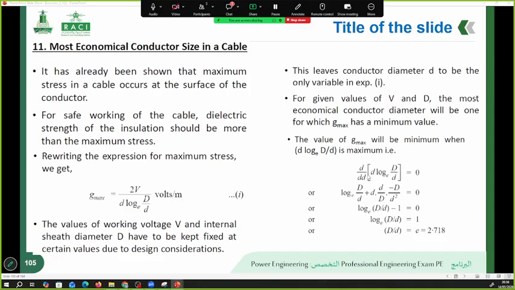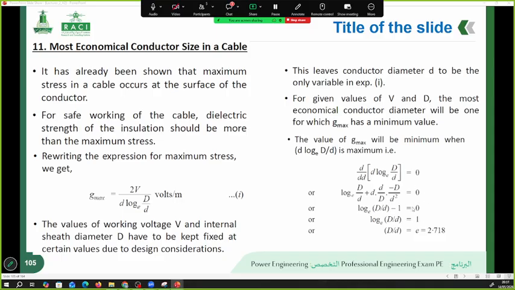This is achieved by taking the derivative of the denominator with respect to d and setting it to 0. The calculation involves the product rule of differentiation, which is set equal to 0.